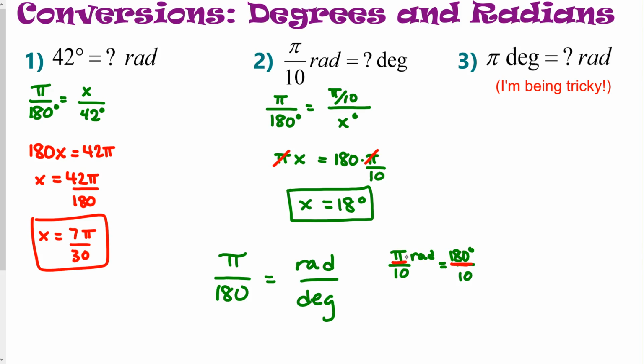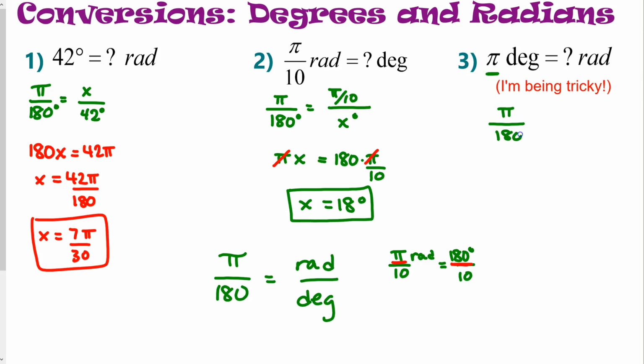That would be faster. And problem number 3, we have a degree measure and we're going to find the radian measure. Notice the degree measure is pi degrees. So typically if we see pi, it generally means we're working with radians, but it doesn't have to. Just think of pi as any number, like 2 or 3 or 5. So we're going to convert that to radians. Let's use our proportion.